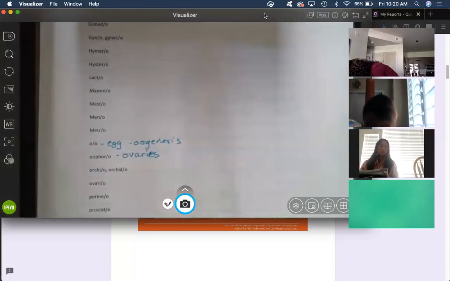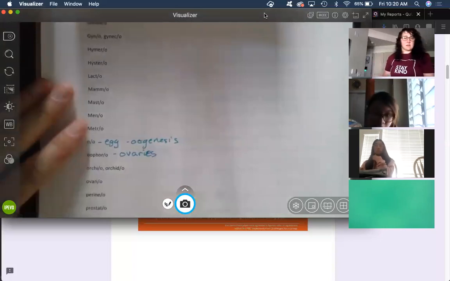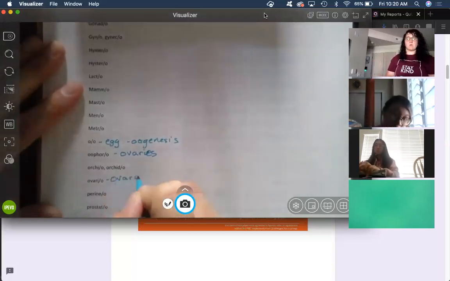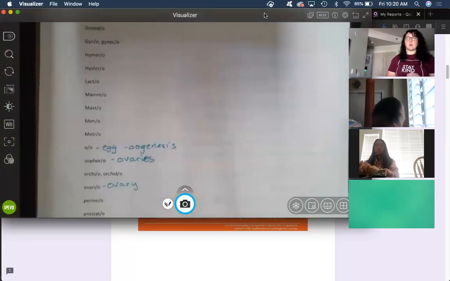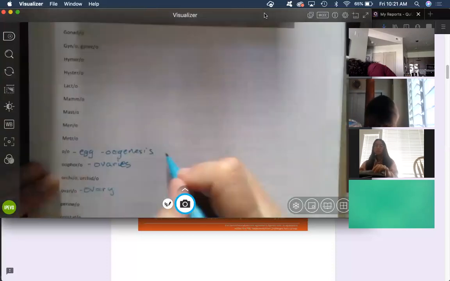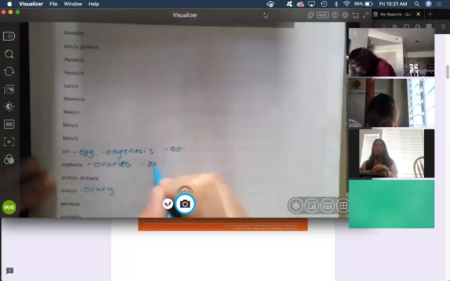Ovarian cancer, right? They can do an oophorectomy when they surgically remove an ovary. Usually after ovarian cancer, they would do an oophorectomy. Surgically remove the ovaries, right?